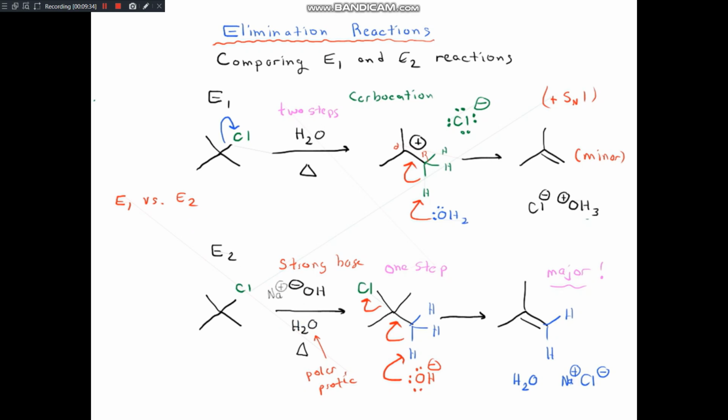So the rule of thumb is, if strong base is present, and assuming the stereochemistry works out, E2 will dominate over E1.